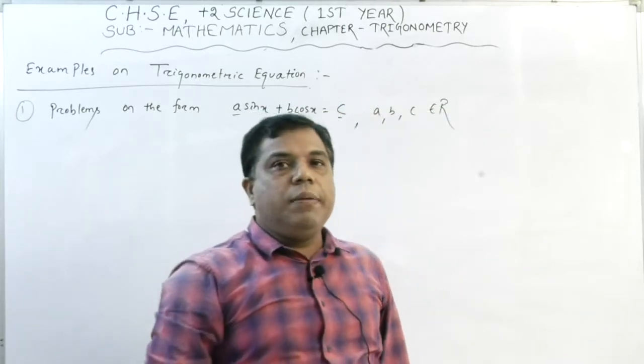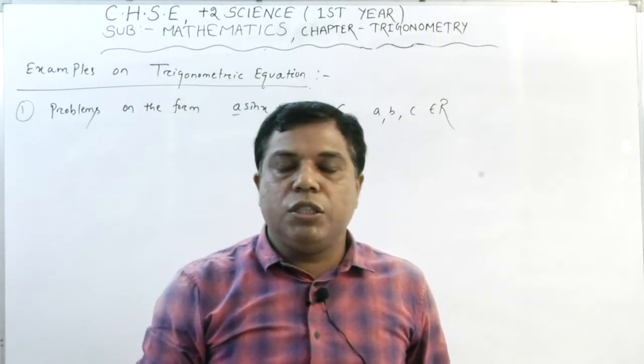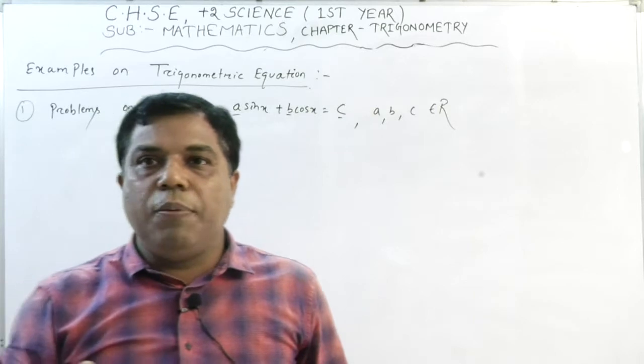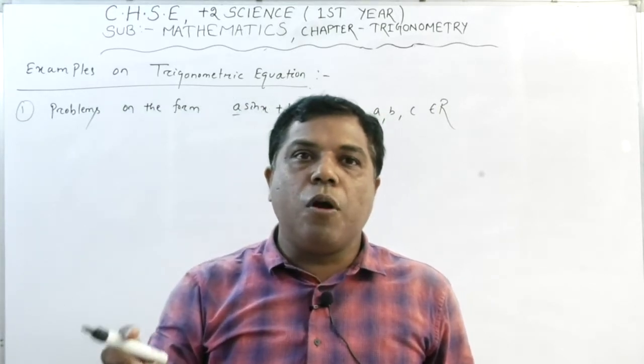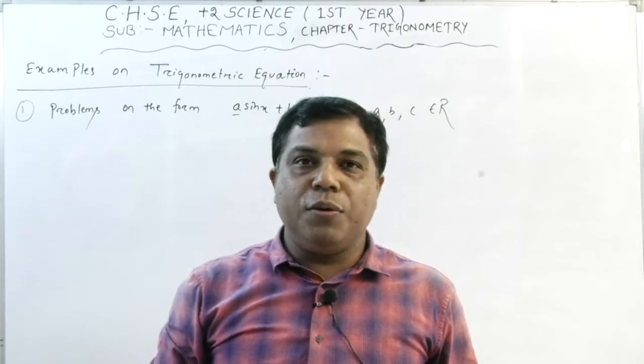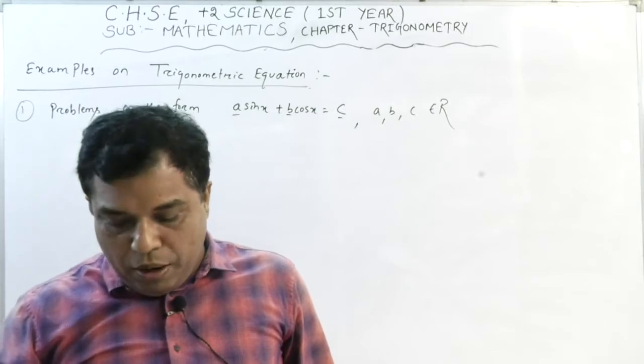Why I am mentioning this: if this type of questions are there, then you should adopt a proper way to solve it. Otherwise it is very difficult to solve this type of problems.